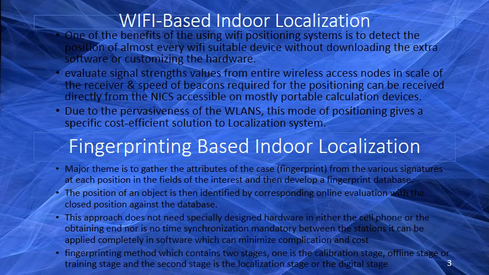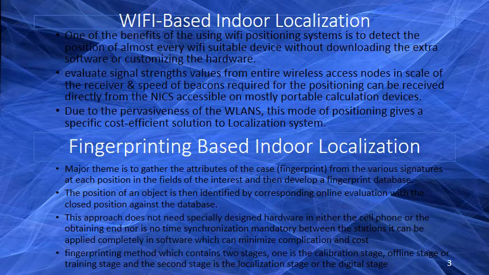Wi-Fi based indoor localization. One of the benefits of using the Wi-Fi positioning system is that it can detect the position of almost every Wi-Fi capable device without downloading extra software or customizing the hardware.